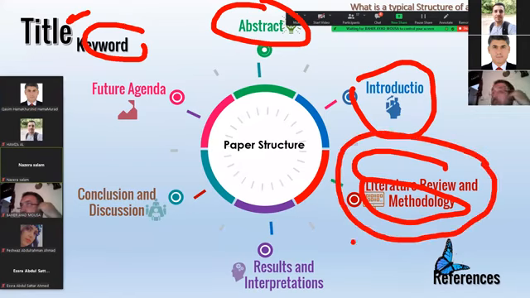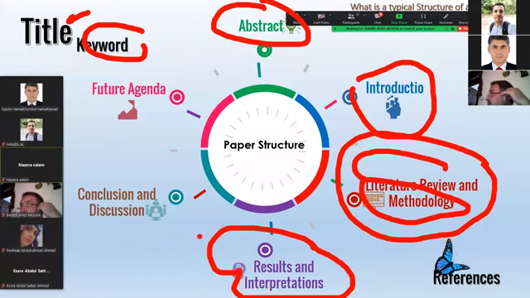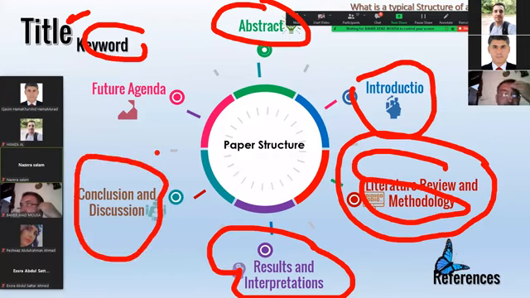Every paper must have the results and interpretations. After the results, you have a conclusion and discussion. Sometimes we have a future agenda, advice for other researchers, or something to advise governments and the private sector on what they are doing, and how they can benefit from this article.